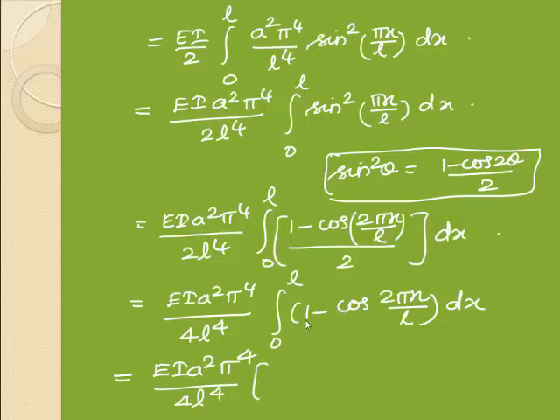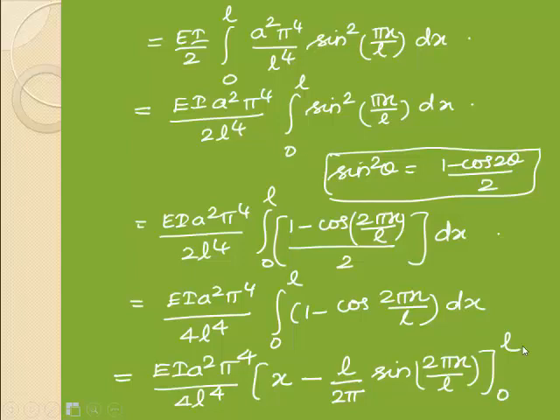So the integration for the first term 1 is x, minus the integration for cos is simply sin. So sin 2 pi x by L divided by 2 pi by L. So that can be written as L by 2 pi into sin 2 pi x by L, limits 0 to L. Now we can apply the limits.